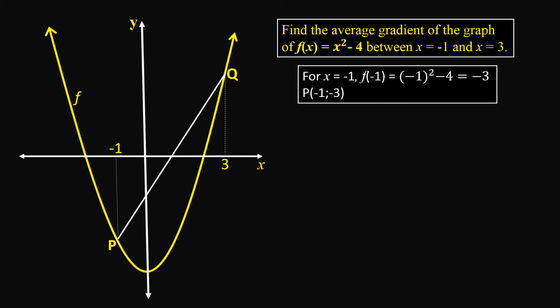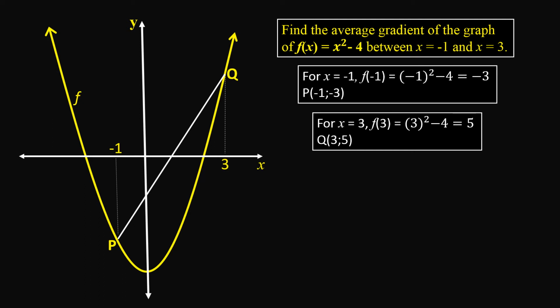The x coordinate of P is minus 1. Now what do we do? We substitute minus 1 into the function. So f(minus 1), x is replaced by minus 1, equal to (minus 1) squared minus 4, and we get minus 3. So we got the 2 coordinates of the point P, that is (minus 1, minus 3).